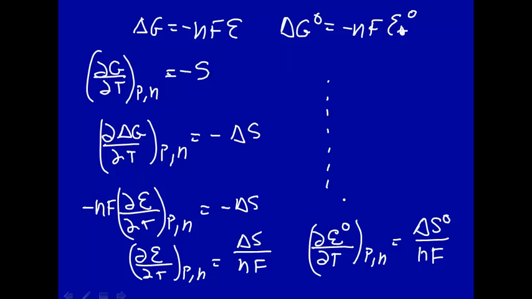If you want to see what the E0 values would be at different temperatures, you could use this expression, knowing the entropy change.